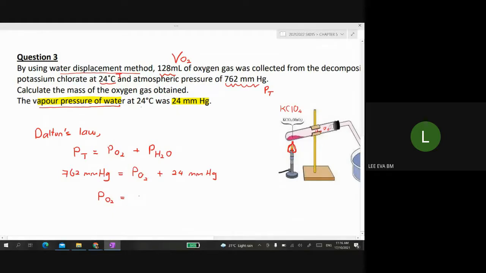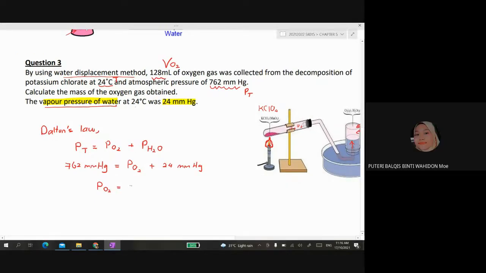What will be your values? Okay, 738 millimeter mercury. Is millimeter mercury the unit of pressure that I need? No. We don't know yet, so that's okay, we write it first.